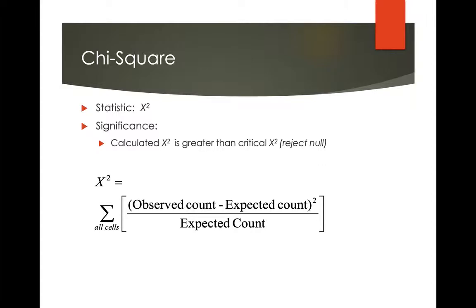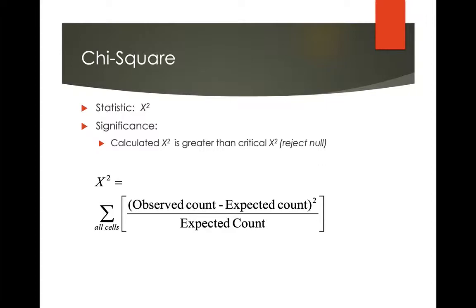After doing the degrees of freedom and finding our chi-square statistics, we want to calculate our calculated chi-square and arrive at a decision rule. Our decision rule usually is that if the calculated chi-square statistic is greater than the critical chi-square statistic, we reject the null. Again, a similar principle to what we looked at when we spoke about the t-test.